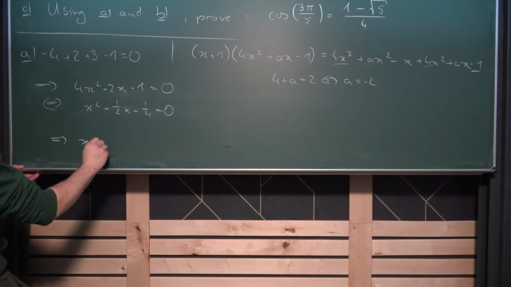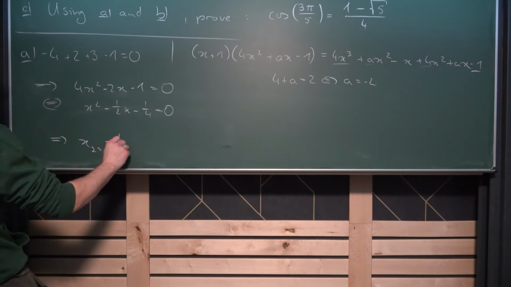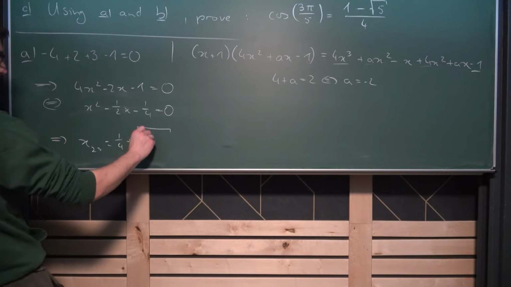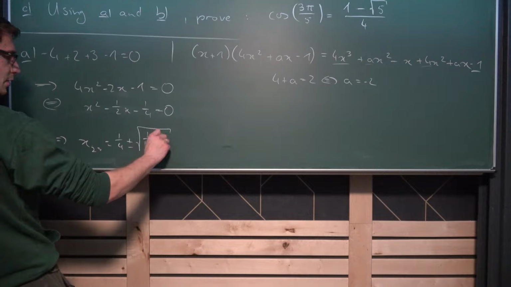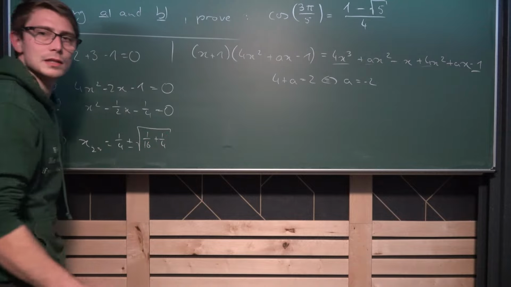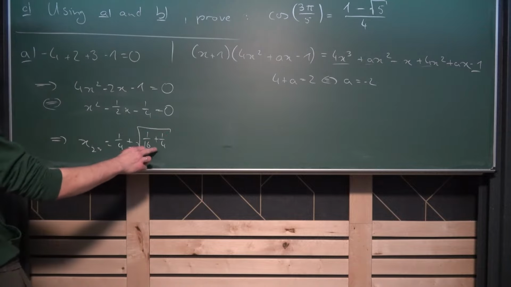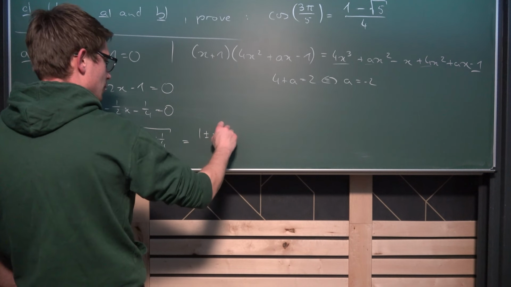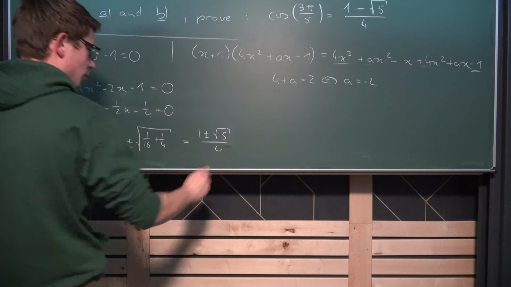The other two, 2 and 3, are equal to 1/4 plus minus the square root of 1/16 plus a quarter. This right here is 4/16, so 5/16. So we get 1 plus minus the square root of 5/4.